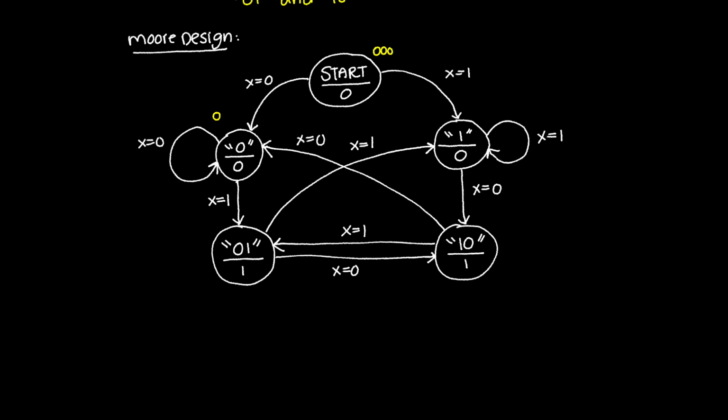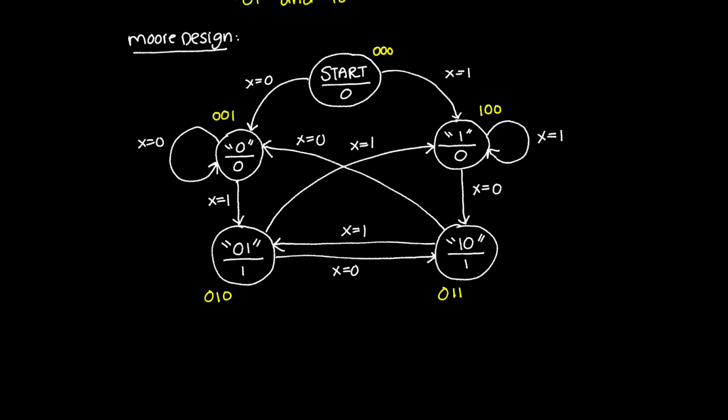This one will be 0, 0, 1. This will be 0, 1, 0. This will be 0, 1, 1. And this will be 1, 0, 0. And again, how I choose to label them is fairly arbitrary as long as I am internally consistent in my design.